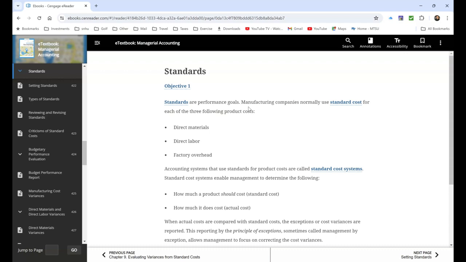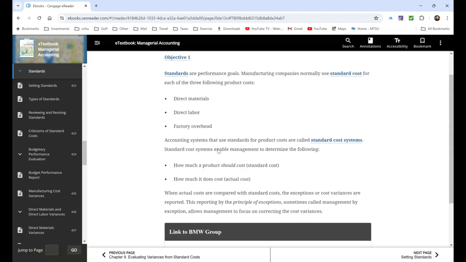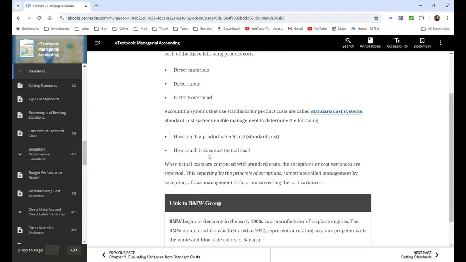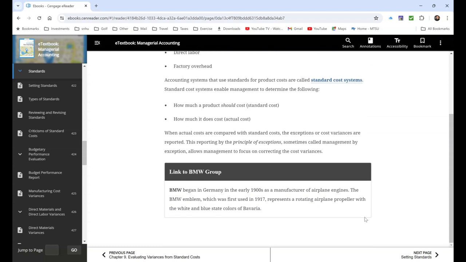But right now, I'm going to say, okay, I've done these studies again, and I know it should take on average this many hours and this many parts, etc. And then I'm going to use this to refine and determine if I'm off, and if so, why. So you have standards for direct materials, direct labor, factory overhead. And again, it's how much a product should cost, and then how much it does cost.